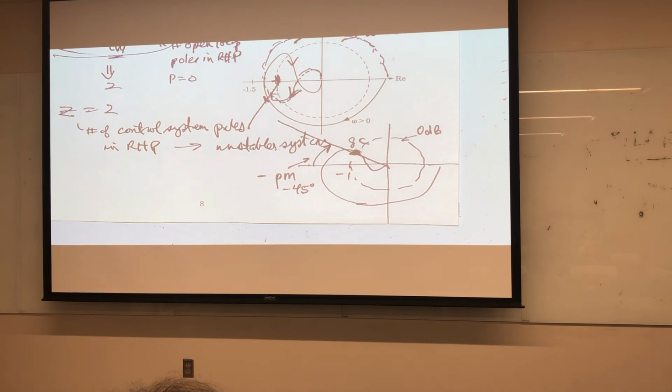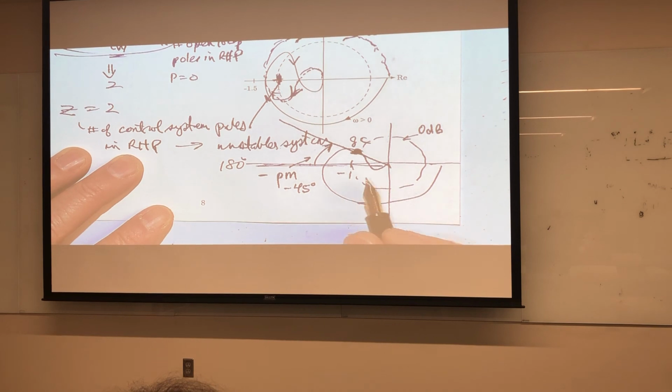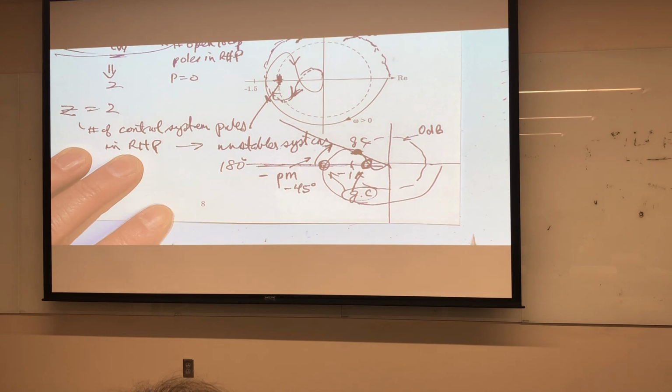For gain margin, we have to find the phase crossover, where the curve crosses over 180 degrees. 180 degrees is out here on this axis. This particular curve has multiple phase crossovers: it has this one and this one.